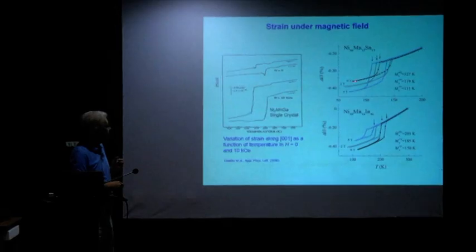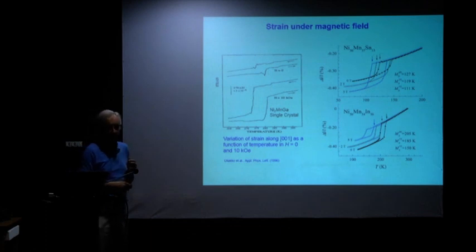If we increase the field, in the case of nickel manganese tin, we see that the length change that we have over here under 2 Tesla has now increased. If we go to 5 Tesla, it's increased even more.